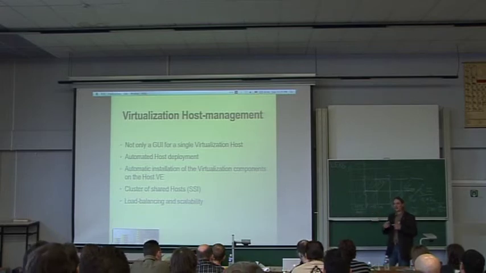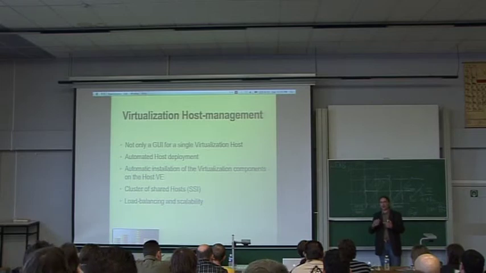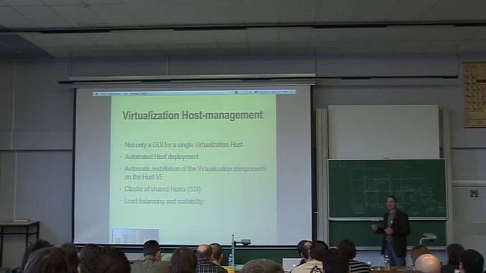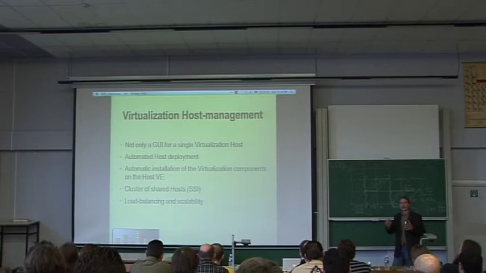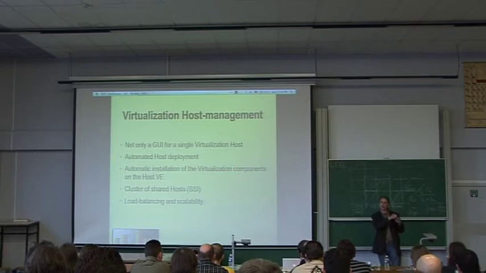And when there is load on the cluster, generated by the virtual machines, for example, openqrm will automatically add new physical servers to this virtualization cluster, single system image cluster, so that enables the system administrator to migrate virtual machines from one virtualization host to another within this single system image cluster.